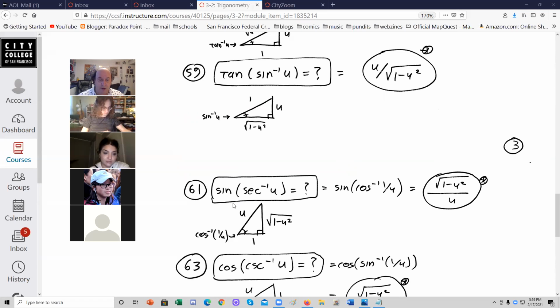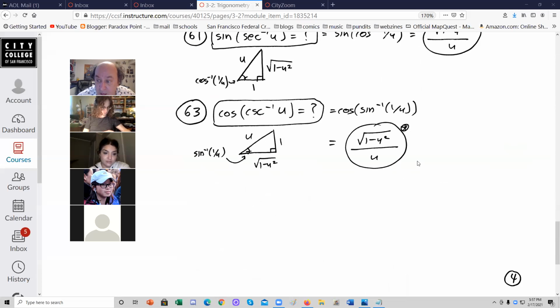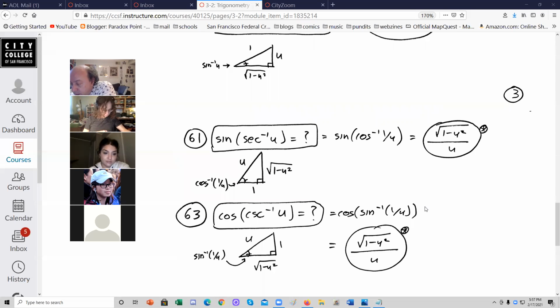Because if the hypotenuse is u and one side is 1, then this third side is not root 1 minus u squared, but root u squared minus 1. This is my mistake, on page 4-3, number 61. Square root of u squared minus 1. And so sine of this angle is the opposite side over u, so this should be root of u squared minus 1 divided by u rather than this. My mistake. My apologies. I hope I didn't make other mistakes like that.